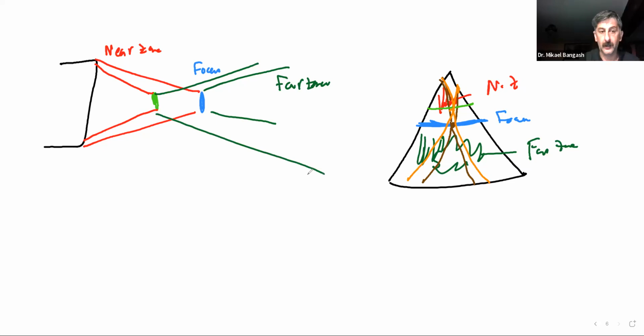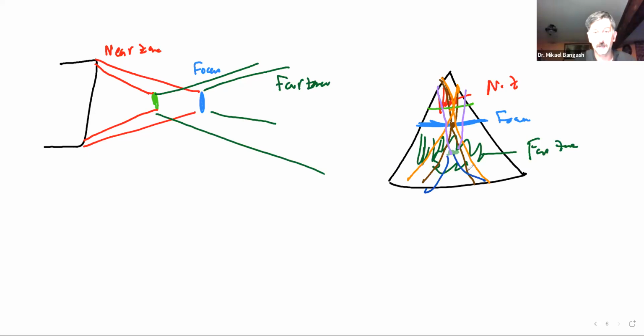Or what if you set the focal point here? As the beam travels, it will reach its narrowest point at this depth here, and after that it will diverge out.